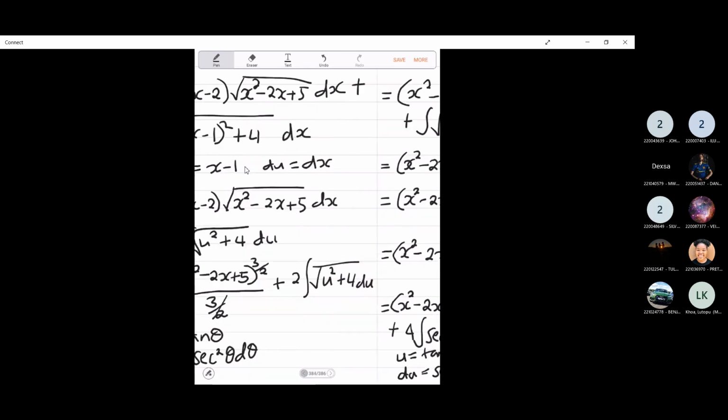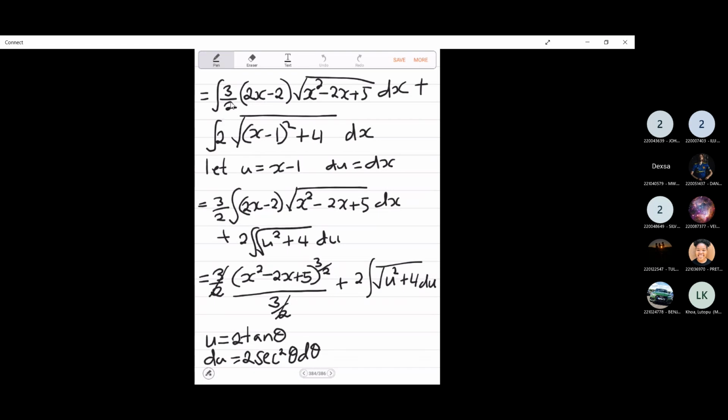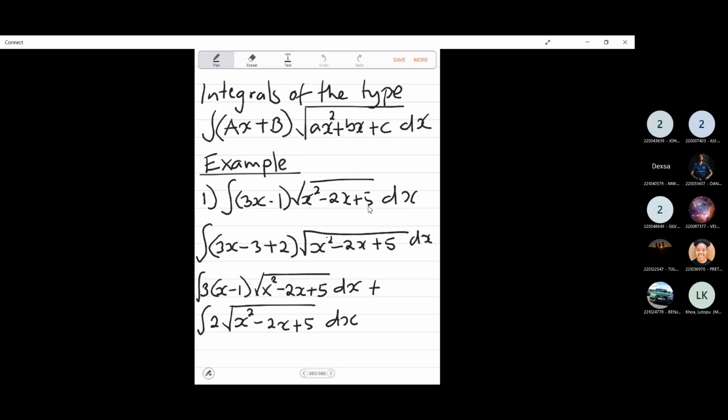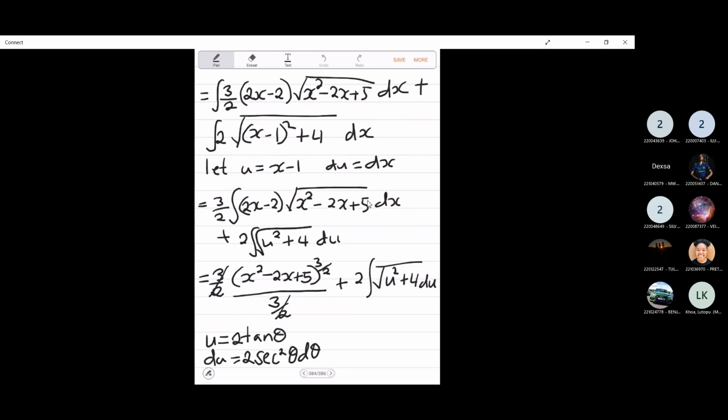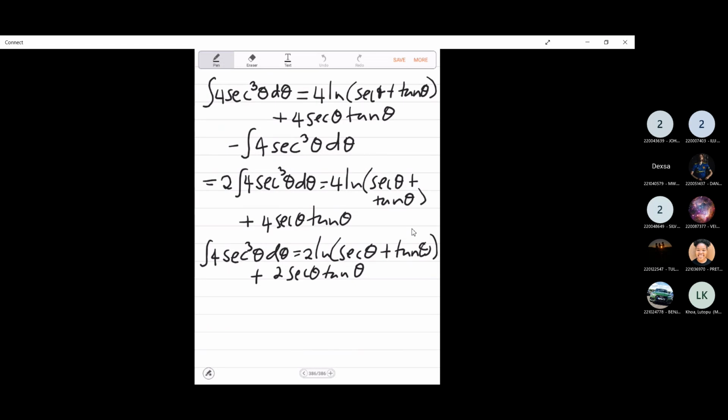So the integral that we were trying to work out from the beginning was this one. And all we need to do is replace theta in terms of u and then in terms of x.